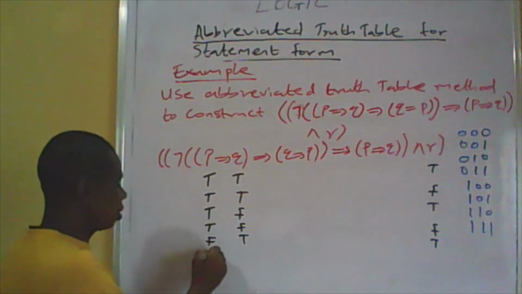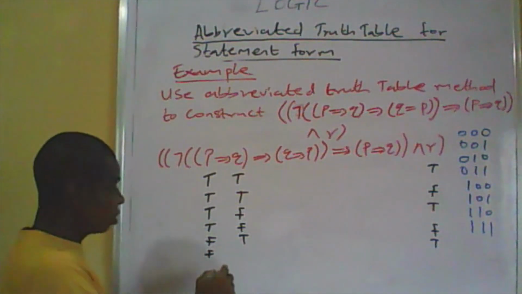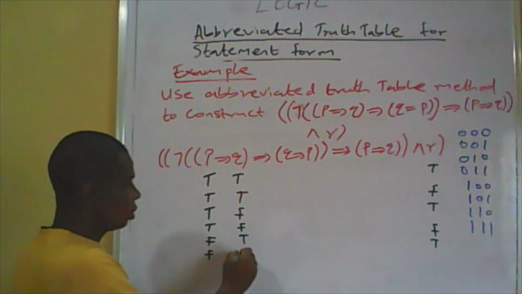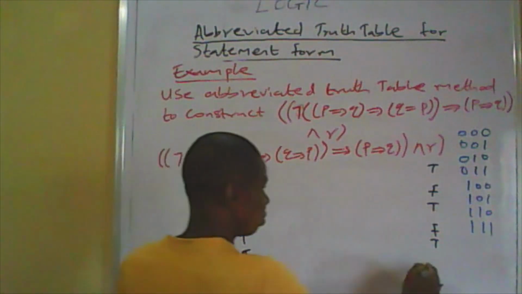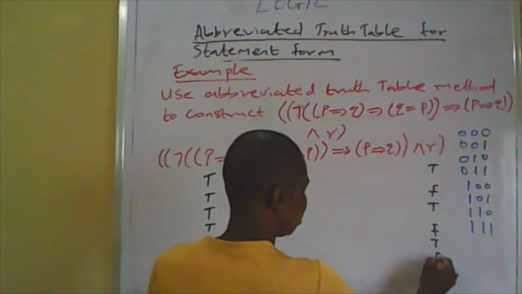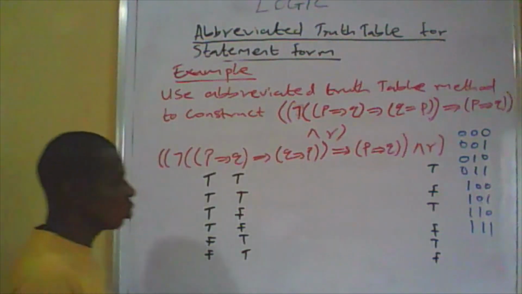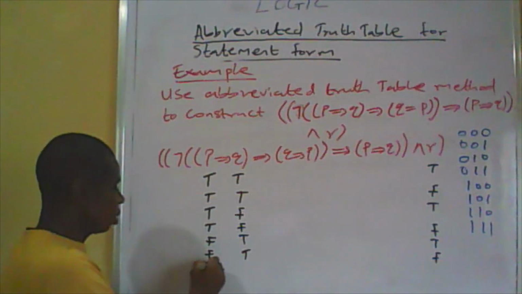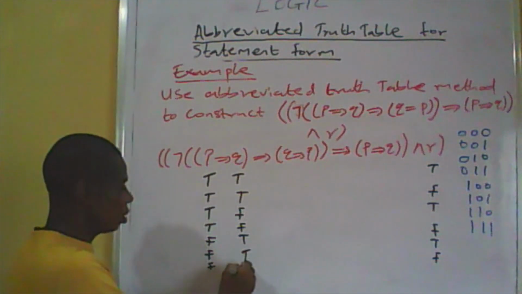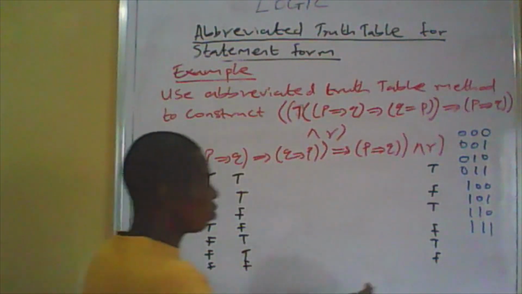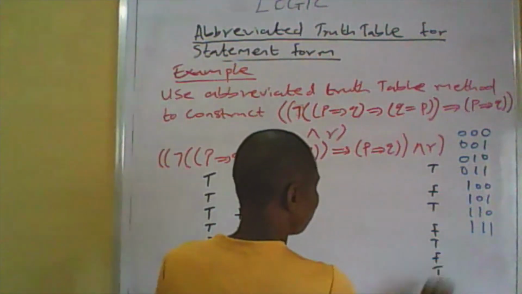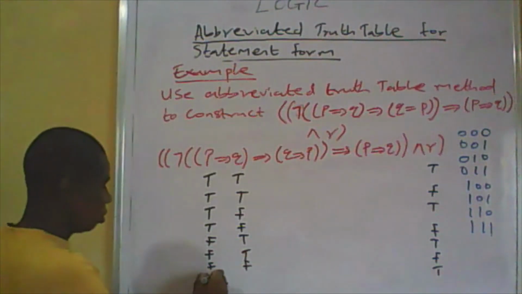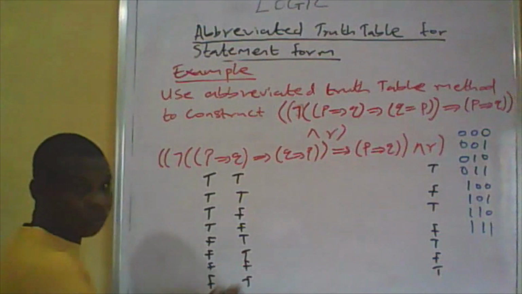First one will be F, second one will be T, third one will be F. We go over to 001. That means first one will be F, second one will be F, then third one will be T. Final one we have 000. That means F throughout.